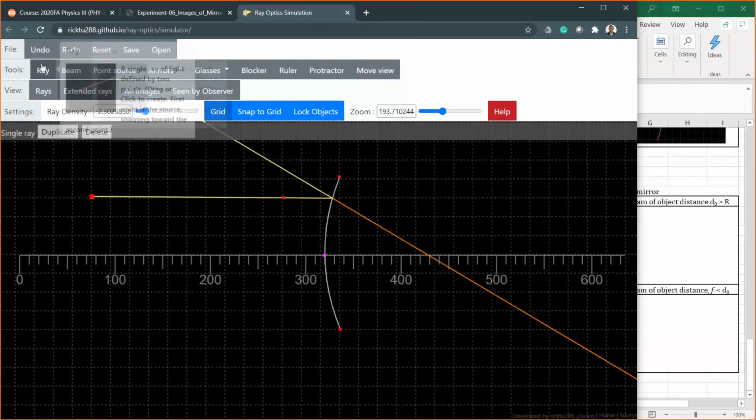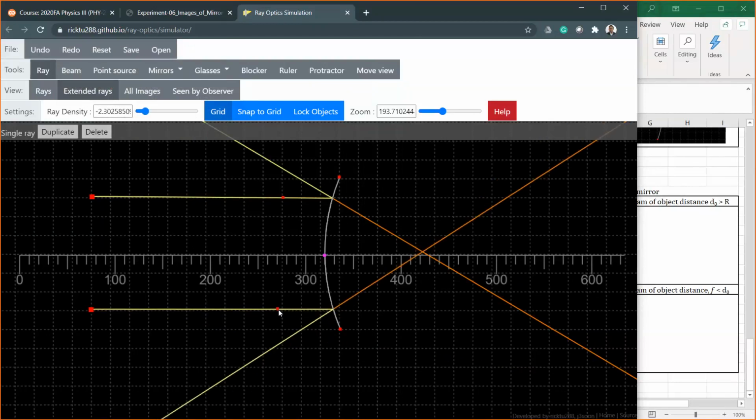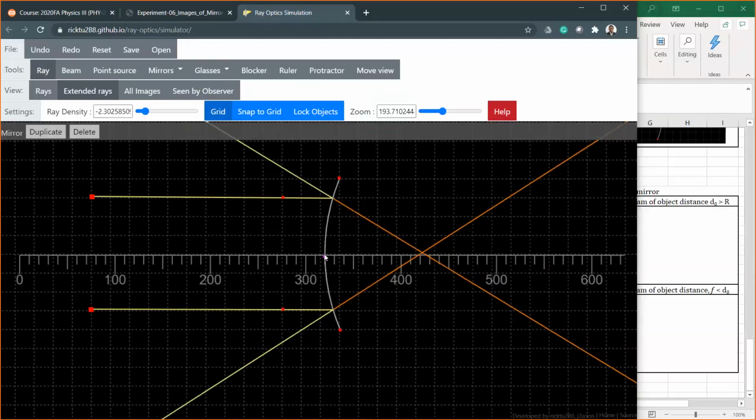Okay. Let's make another ray right here, and after reflection, that also should pass through exactly the same point. If it is not passing exactly through there, the reason most probably is that this dot may not be exactly on top of that line, or our principal axis may not be exactly there, or these two points may not be exactly symmetric.